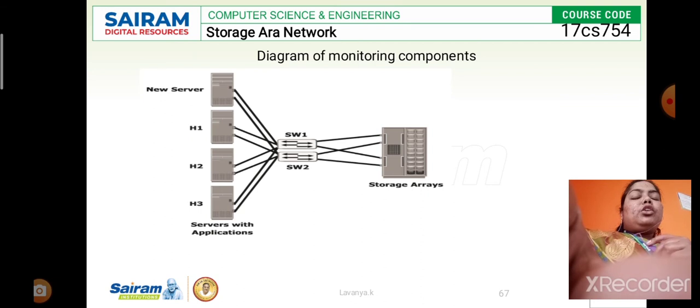They use switch 1 and switch 2 for multiple users or multiple hosts. Through that they transfer the data into the storage array.